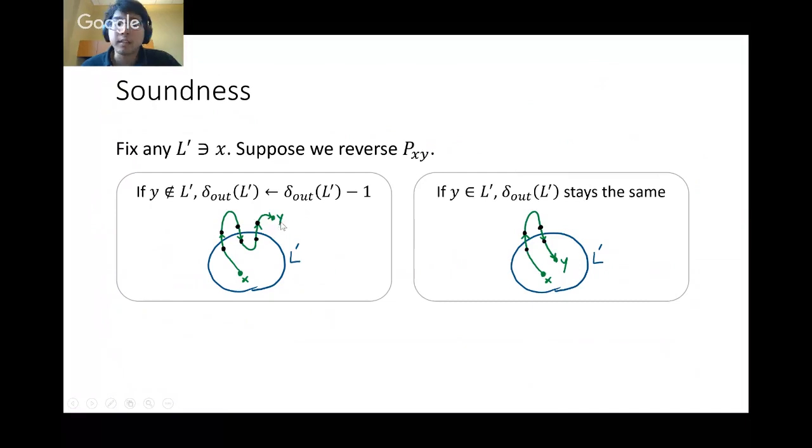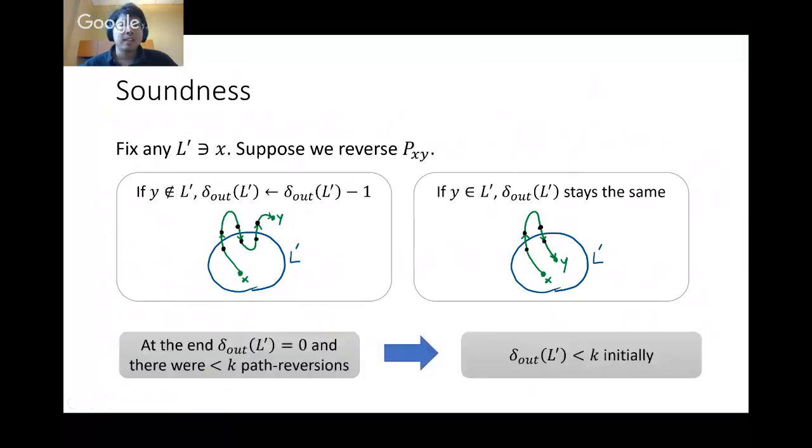Then the number of times that this path goes out from L prime must be more than the number of times it goes into L prime, by exactly 1. So if you reverse the path, the cut size is decreased by exactly 1. On the other hand, if y is inside L prime, then the cut size will stay the same.